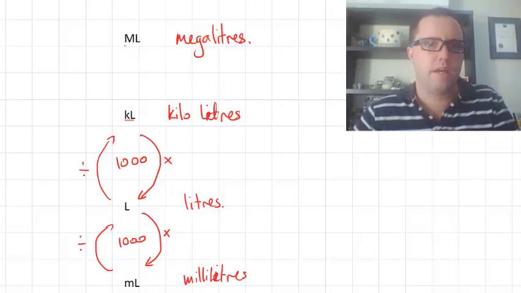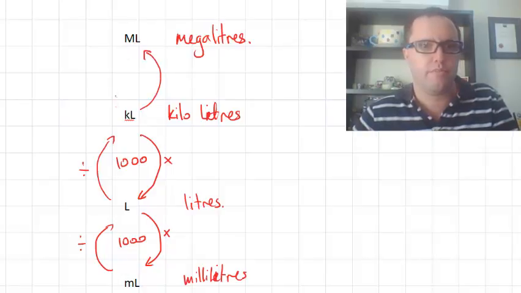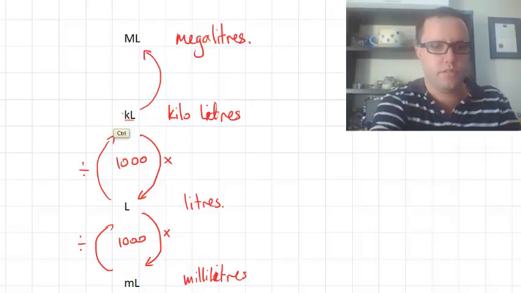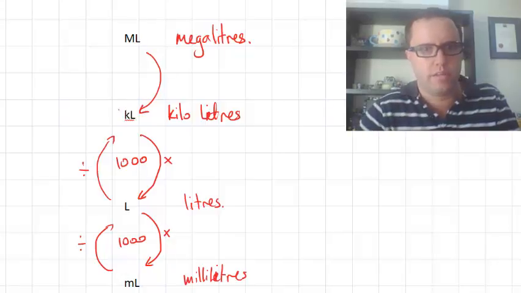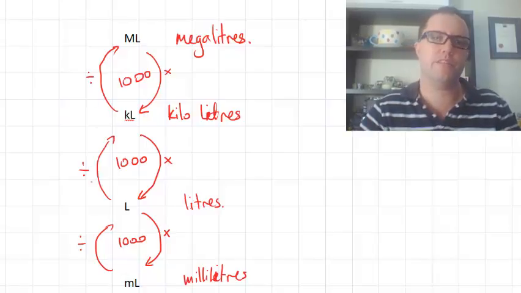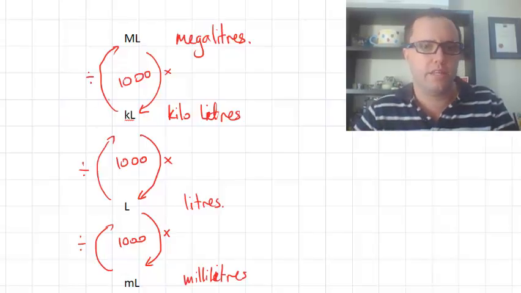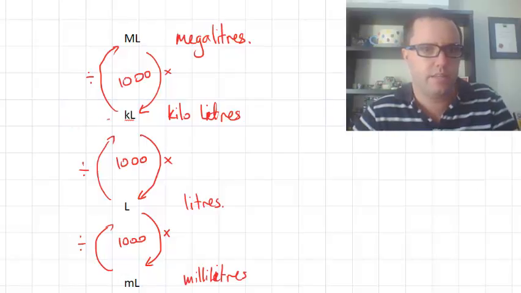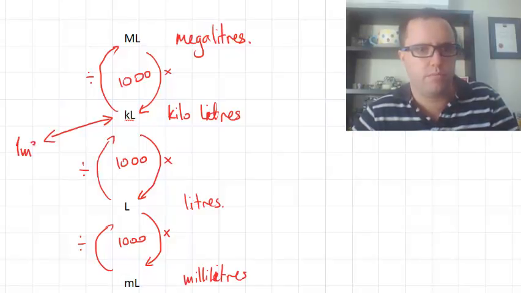Now, a megaliter is 1,000 liters. That's what the big M out the front means. And to go from kilo up to mega, it's also by 1,000 as well. And we times or divide depending upon which way we go. All right, so it's pretty easy to go that way. Now, something you'll need to probably recognize is that 1 kiloliter is 1 cubic meter.